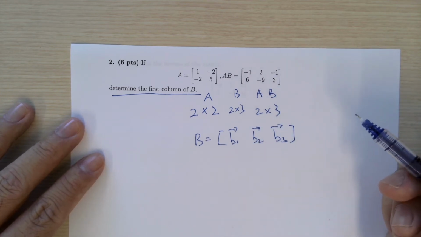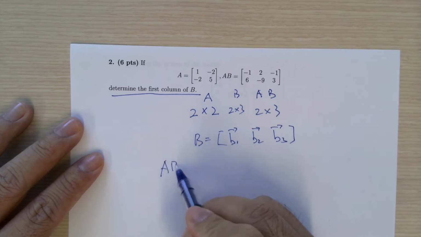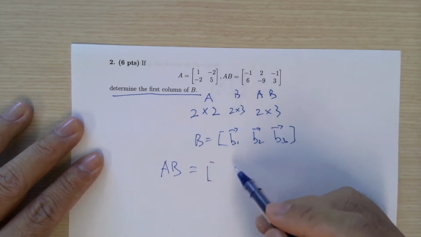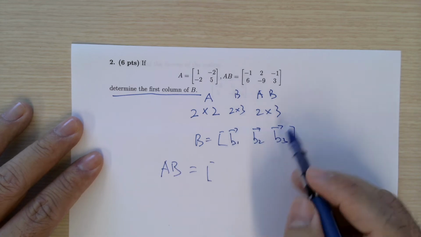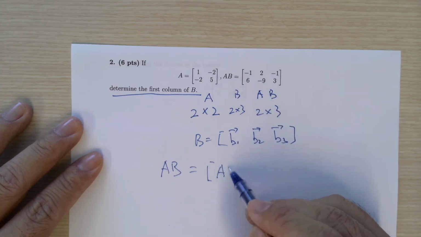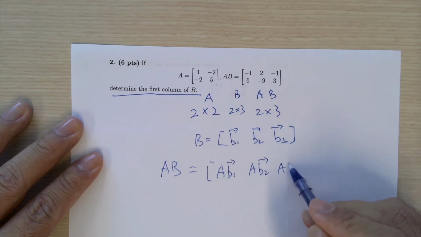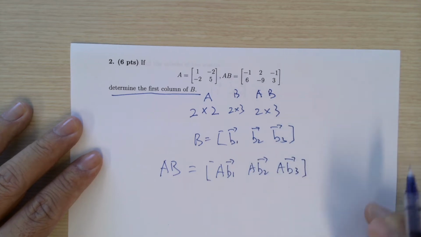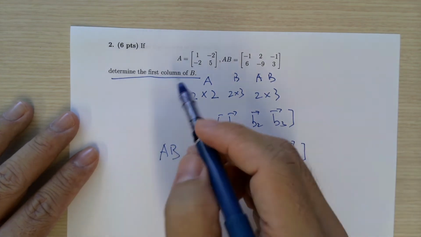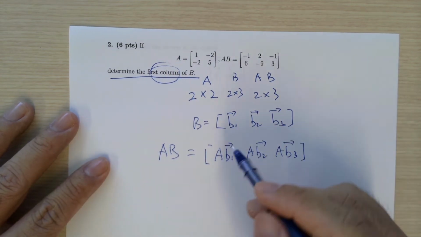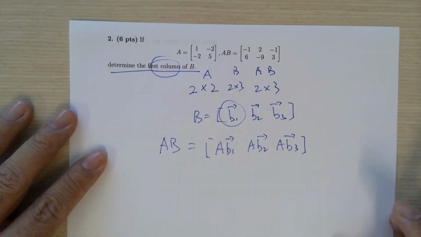So A times B gives us the structure [Ab1, Ab2, Ab3]. The problem asks us to figure out the first column of B, so we are looking for this b1 here.